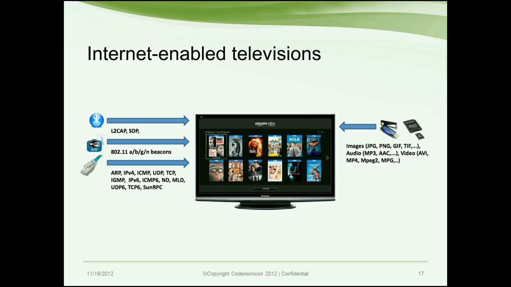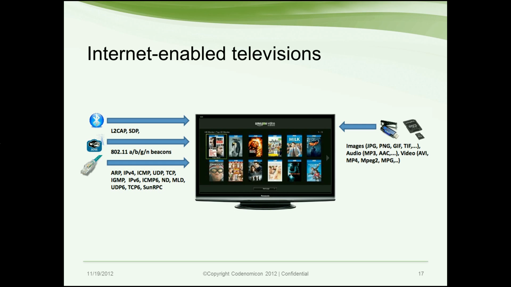Hardware-wise, these devices have a wireless interface and a Bluetooth interface. They have, of course, a plethora of network protocols built in by default, but also many other protocols which you would typically find on computers, because they have a full-blown browser built in, with which you can do almost the same as you would on a desktop PC or a laptop.